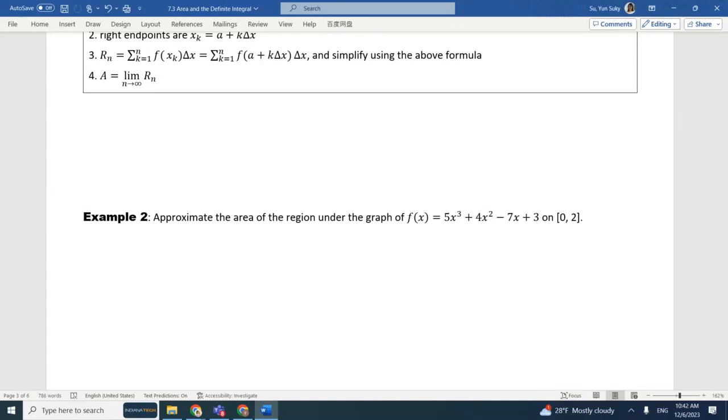Okay, so let's do a class photo together. Class photo. Okay, let's see how this works. You can see here. Ten seconds.